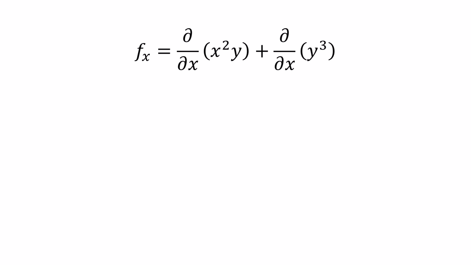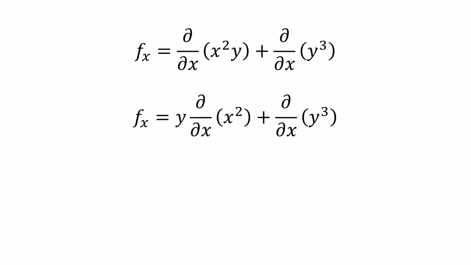Applying the constant rule, we get f sub x equals y d by dx of x squared plus d by dx of y cubed. Differentiating, we obtain f sub x equals y times 2x plus 0.